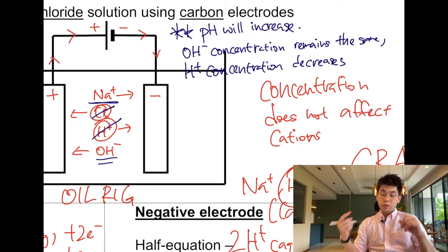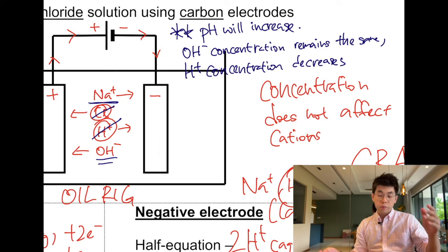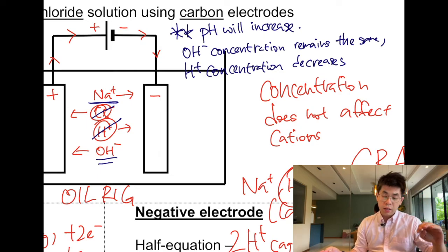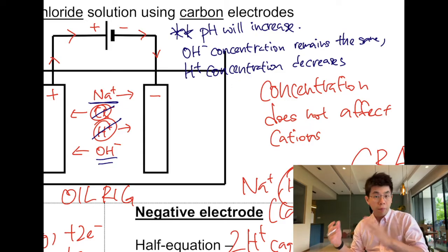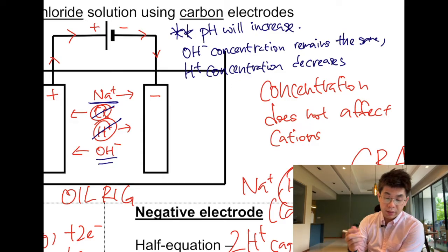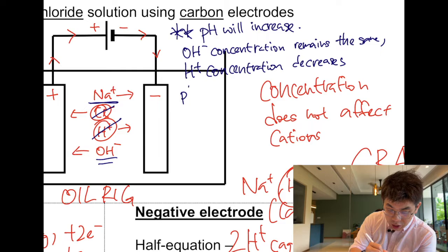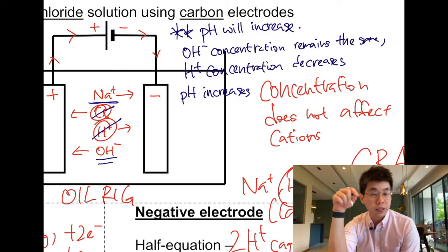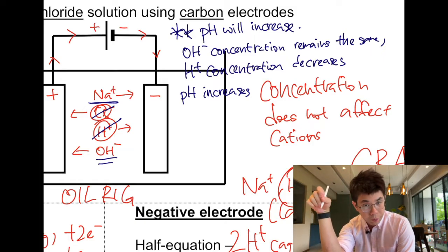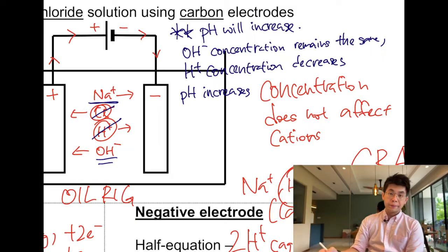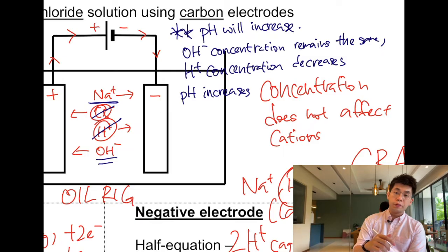So the concentration of OH- will gradually get more and more than the H+. Therefore pH increases. If I add universal indicator, it will turn blue, then purple. Litmus paper will turn blue. So it becomes alkaline. This is something special for this.